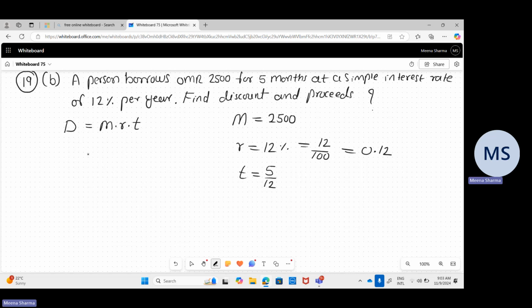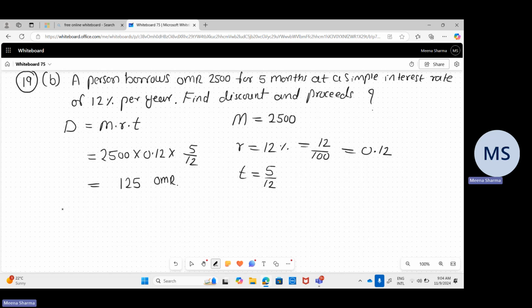Now we put all the values here: 2,500 multiplied by 0.12 and also multiplied by 5 upon 12. When we solve this, we find 125 real. It is the discount, which we got.